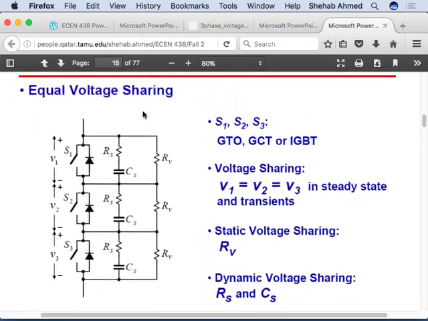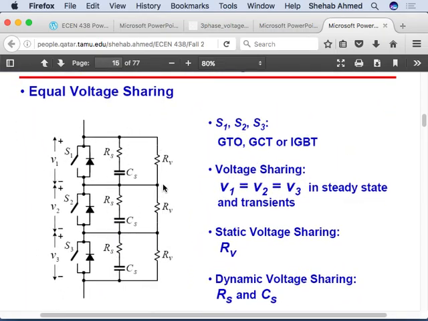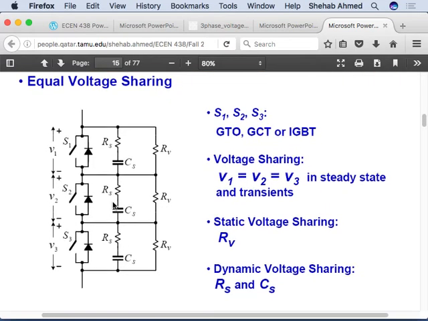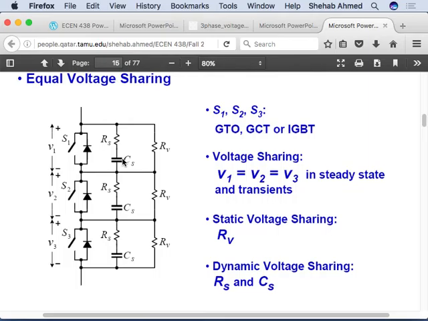They use either passive sharing circuits. They put circuits around the device. Again, we're not going to get into the details of the design of these circuits, but what they do is try to maintain the charge across these capacitors equally.